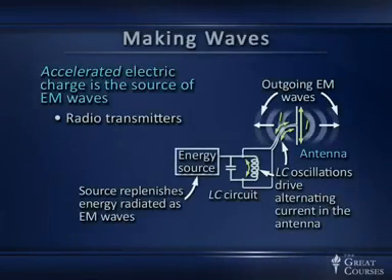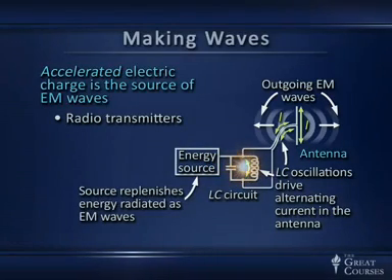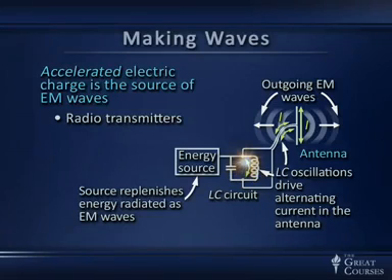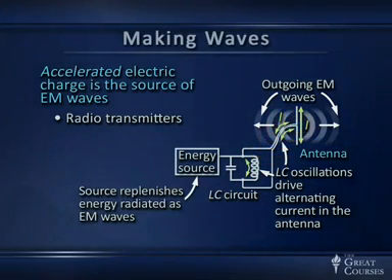In radio transmitters, we have capacitors and inductors connected into a circuit. They cause electric currents to oscillate back and forth at a frequency determined by the inductance and capacitance. That sends a current up into an antenna. The oscillating charges, the accelerated charges as they move back and forth, radiate electromagnetic waves.